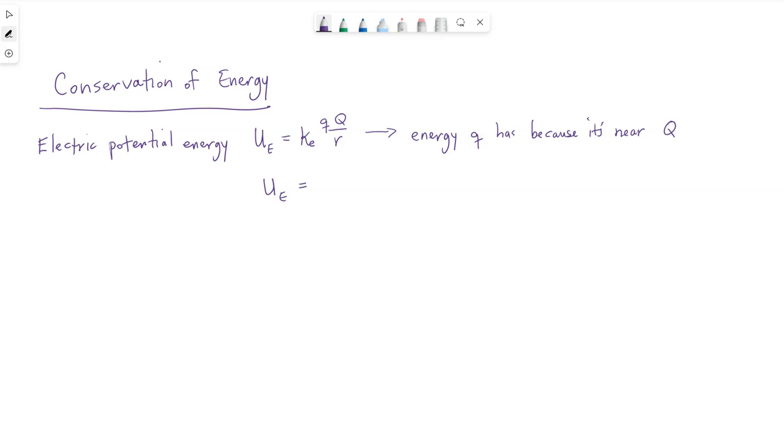Earlier, we found also in a specific situation that we could write the energy. Oh, come on. Sorry, my computer is rebelling on me. The potential energy a point charge has because it's between the plates of a capacitor.